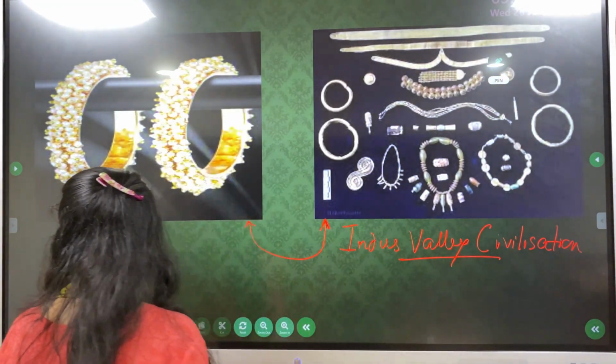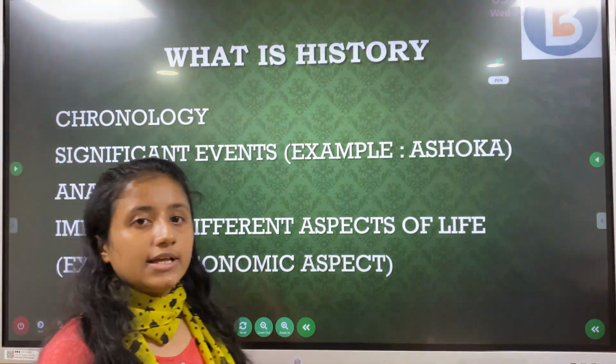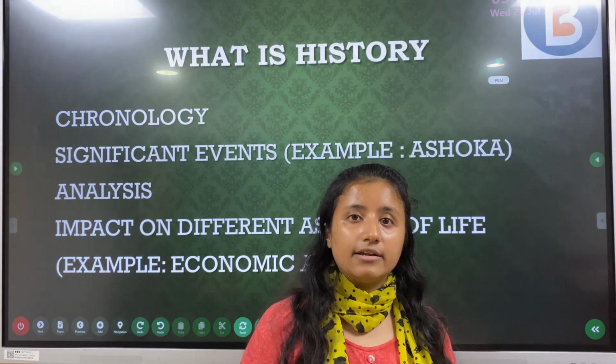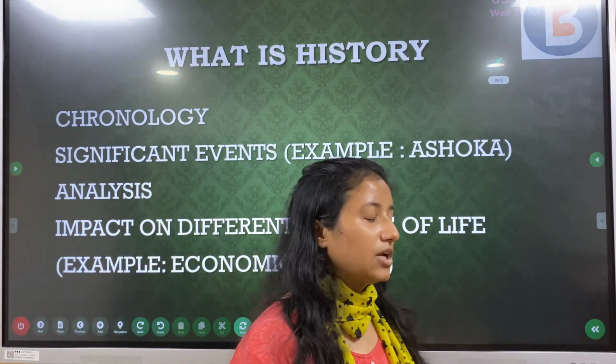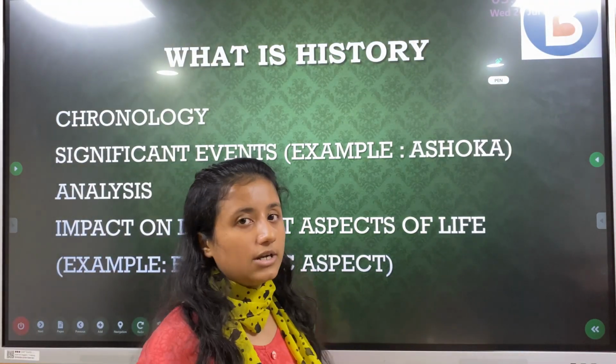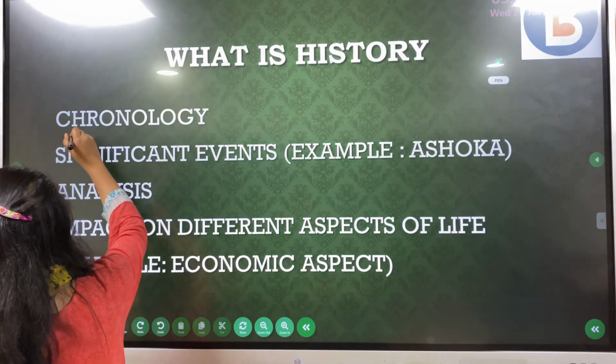Right? Let's move ahead. So what is history? History is the study of chronology of significant events and their analysis. Why? Because those events have impact on different aspects of our life. Now, first of all, chronology.